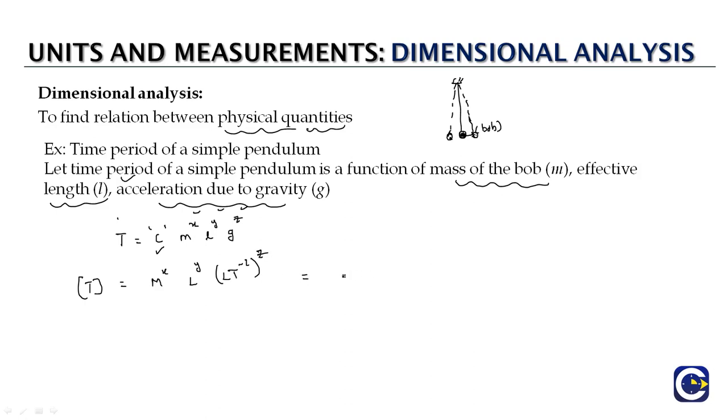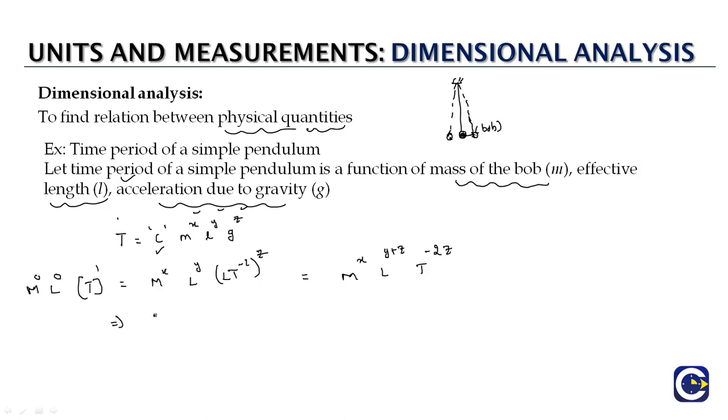Now by arranging the powers of M, L, T together, you will have M power x, L power y plus z, because there will be L power z coming over here, and T power minus 2z will come. When we compare the powers of M, L, T on both sides, on the LHS the power of M is 0, the power of L is also 0, and the power of T is 1.